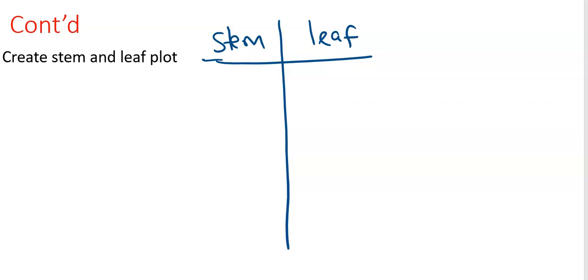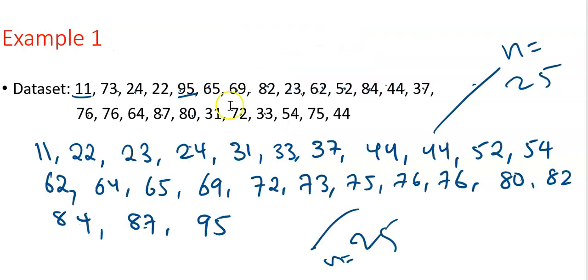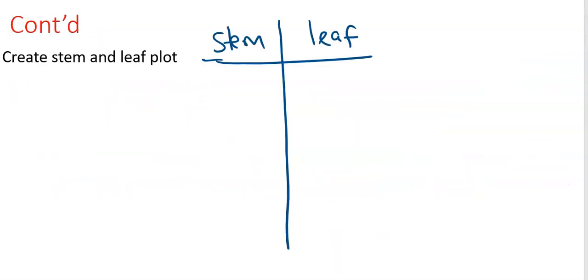Usually the stem depends on the type of data set you have, but in this case we only have two-digit data. With the smallest being 11 and the largest being 95, your stem will always represent the tens values, and the leaf will represent the ones values of your data set.